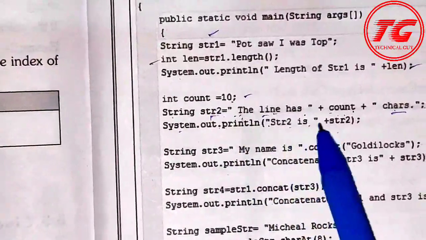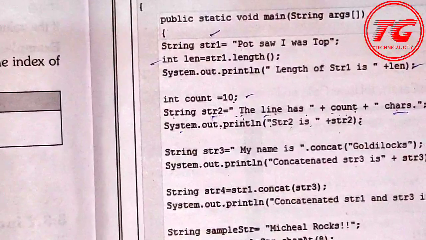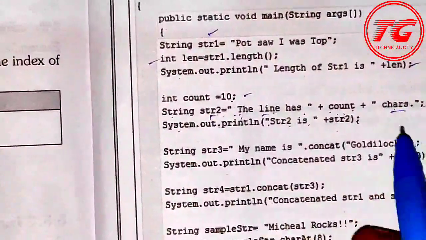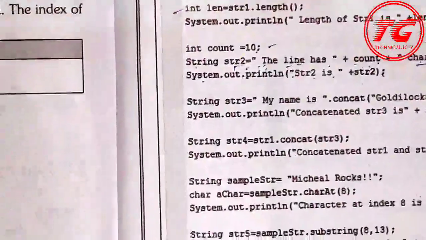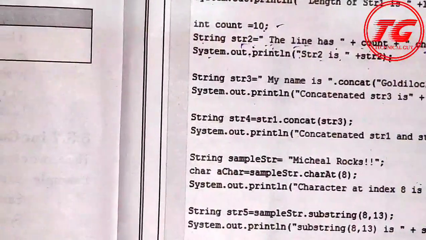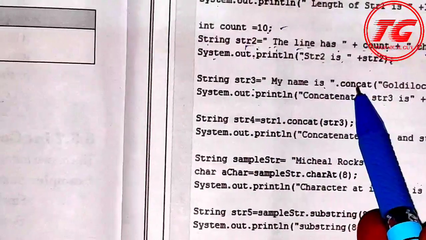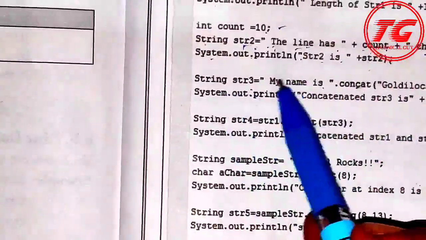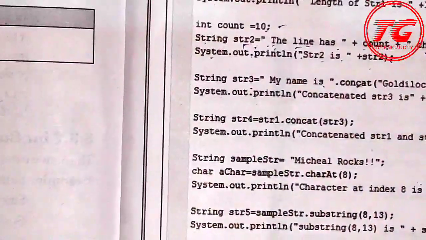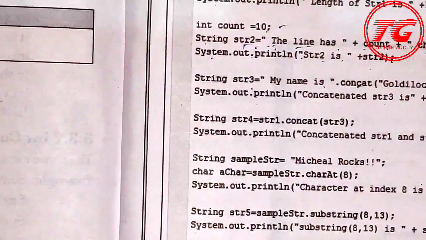System.out.print, str2 is, str2. So the str2 text, the line has 10 chars, will all be joined together in str2 and printed. Then we have str3, my name is, dot concat method, Goldilocks. So this will be joined together and str3 will be printed. Concatenated string is my name is Goldilocks.